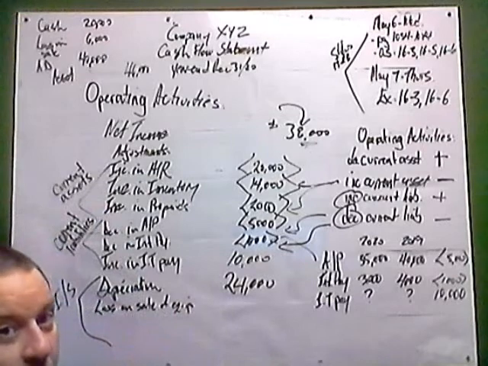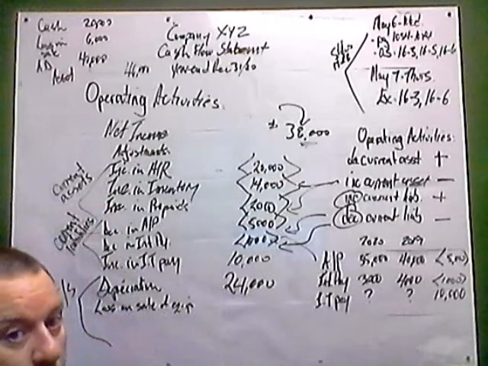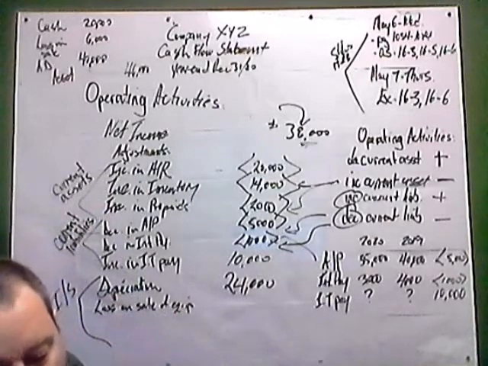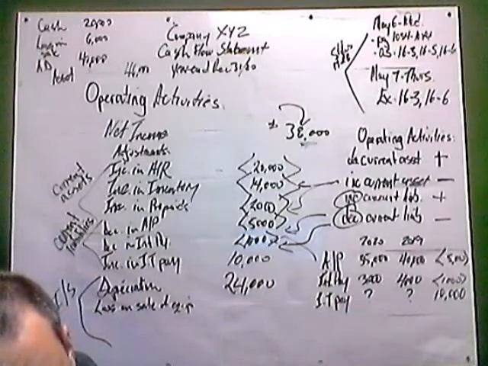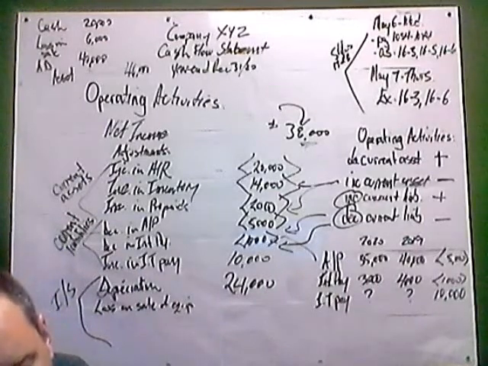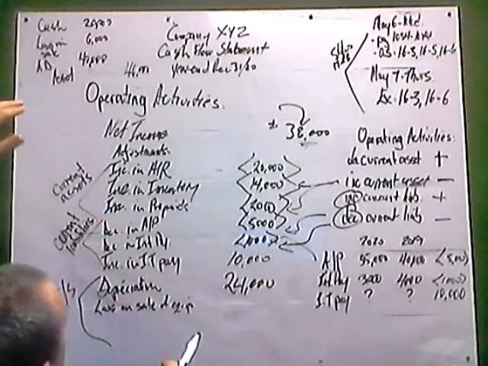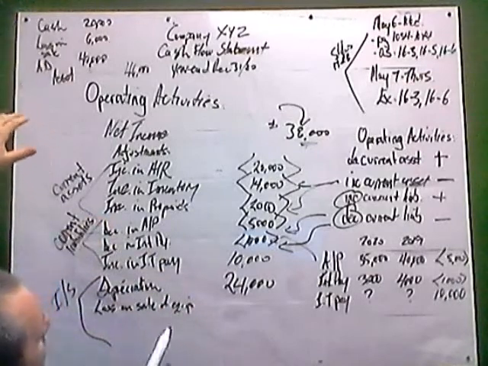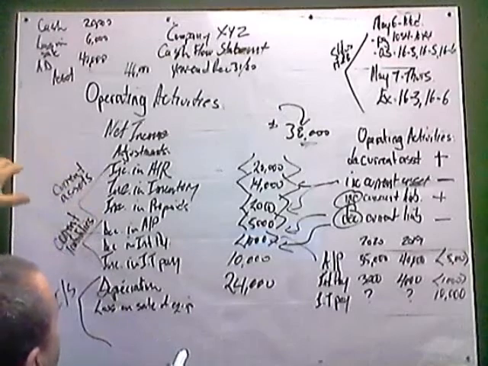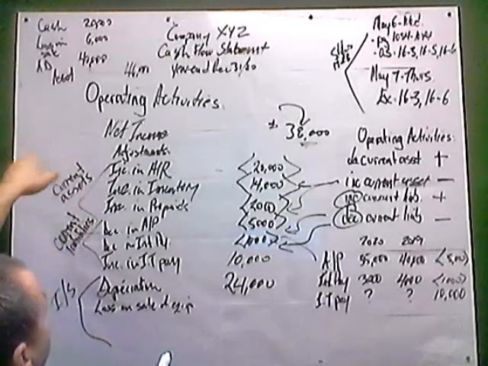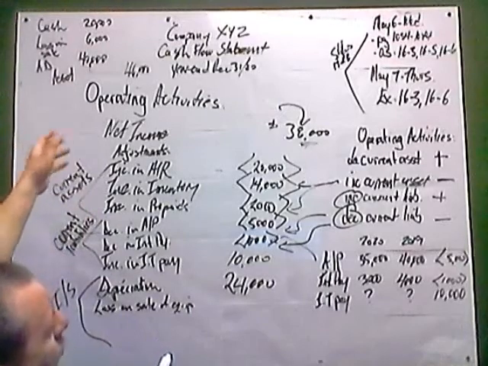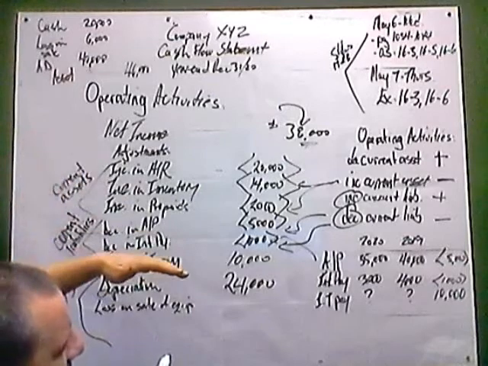Okay, lastly, we might have a gain. Okay, and in the textbook it says we do have a gain. We have a gain on the retirement of bonds. So again, someone paid us. We sold the bonds for more than they were worth. We reported a gain, but again, the cash that we made from the gain will be reported on the investing section.